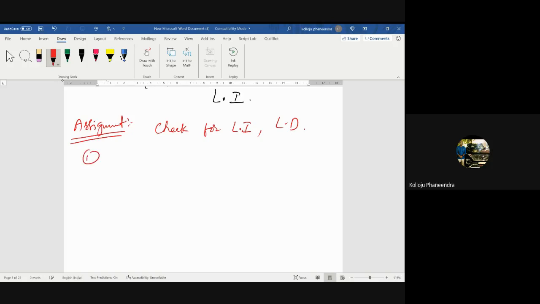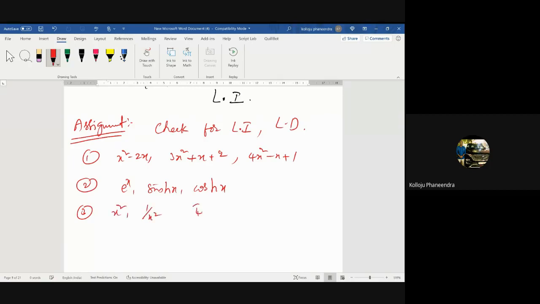First one: x square minus 2x, 3x square plus x plus 2, 4x square minus x plus 1. Next: e power x, sinh x, cosh x. Next: x square, 1 by x square, 1. Next: 1, cos x, sin x.